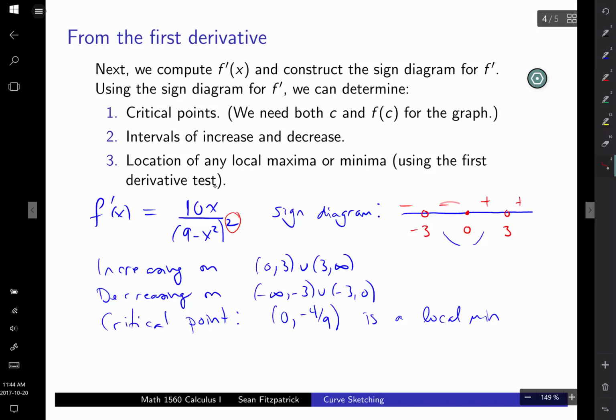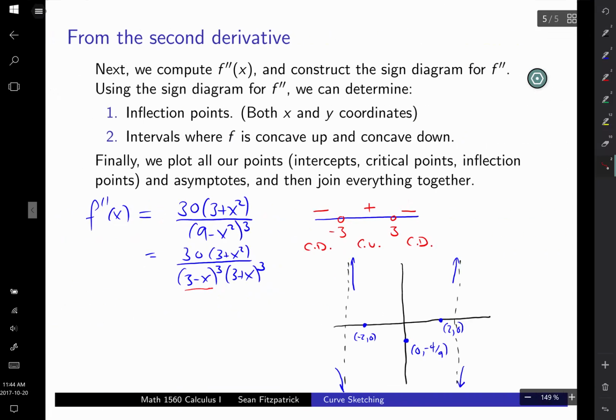In this region we're decreasing, we hit that minimum at 0, then we start increasing, and also notice that we are concave up all the way between the asymptotes. So we know what that has to look like then. We get something that just heads down, passes through the minimum, turns and goes back up, and heads up towards the other asymptote.